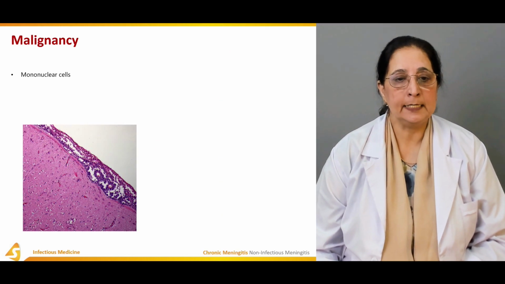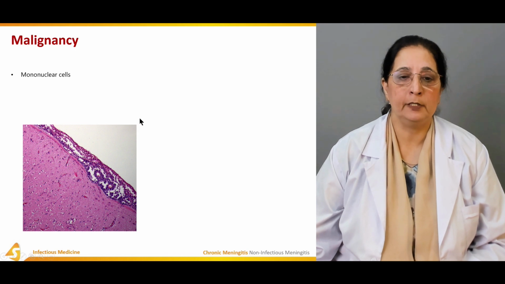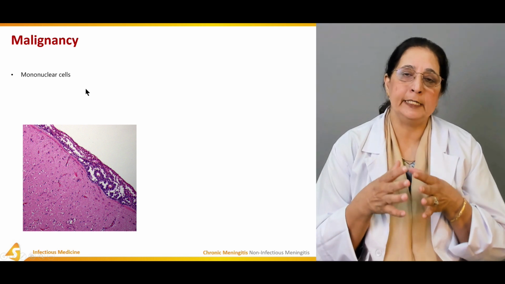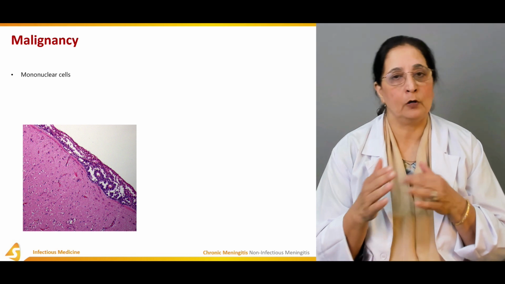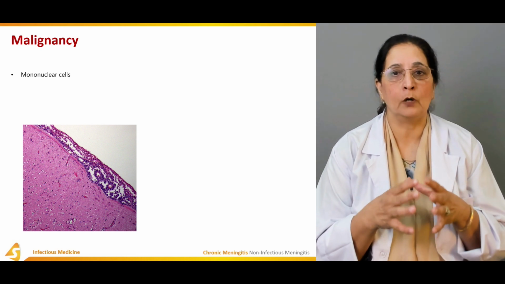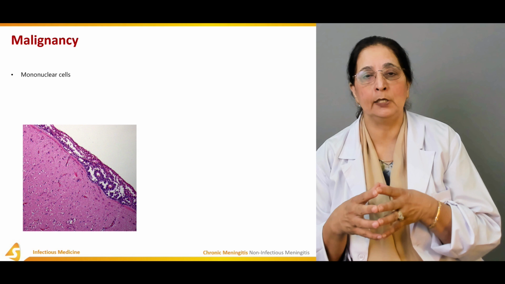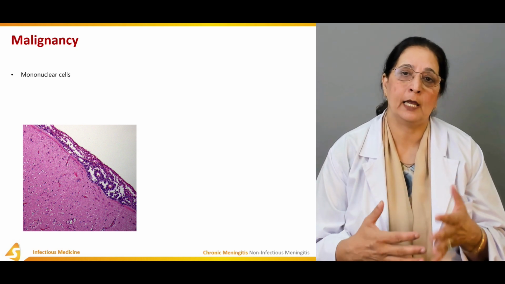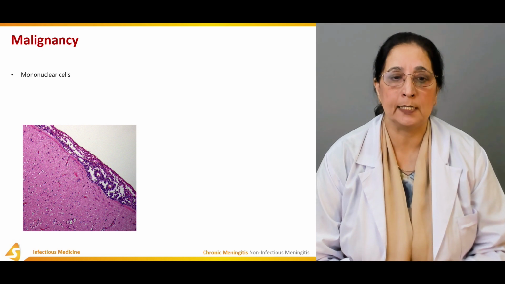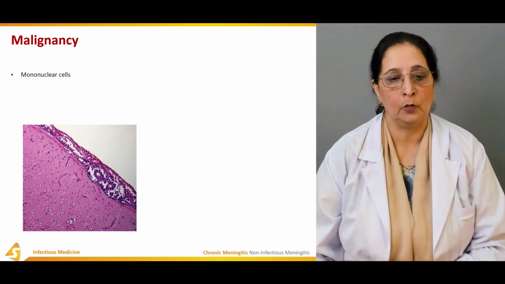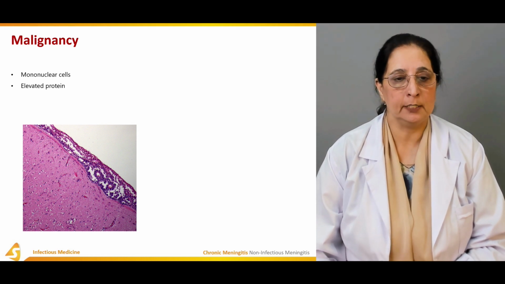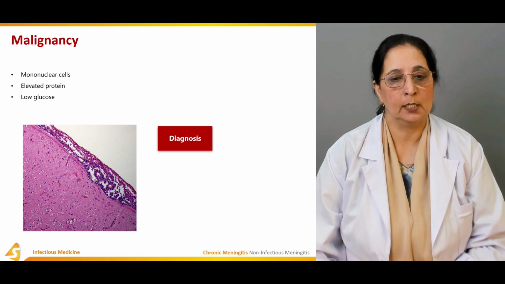So for the malignancy associated with chronic meningitis, again, we have mononuclear cells. Other than some bacterial infections which have mononuclear or combined mononuclear and polymorphonuclear cells present, mostly we see mononuclear cells present. So in this case also, mononuclear cells, elevated protein, low glucose.